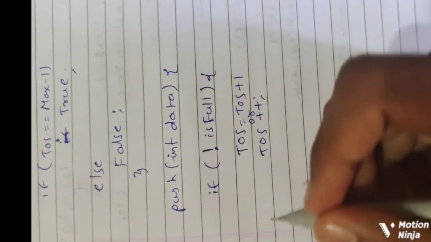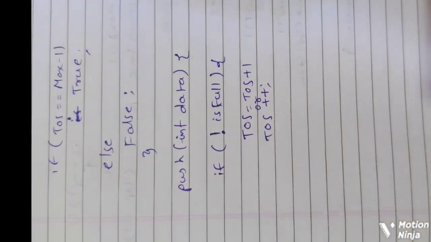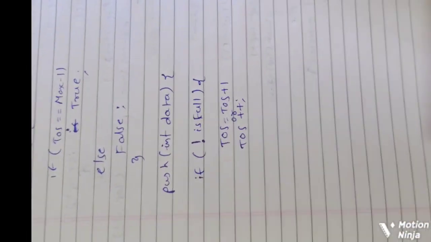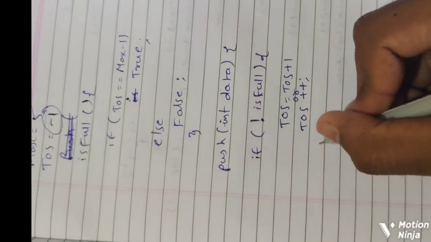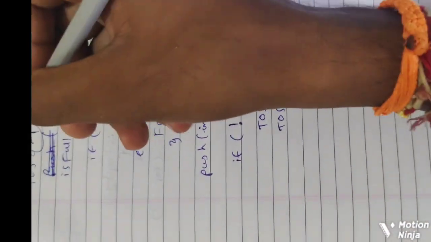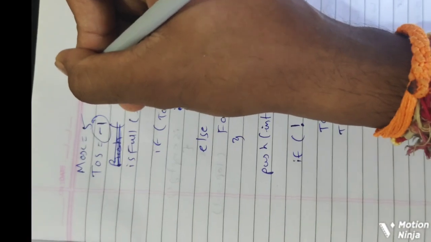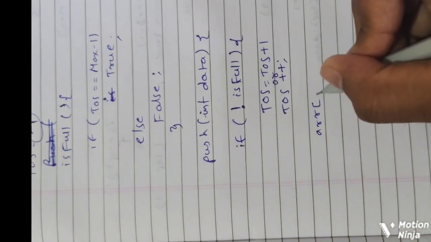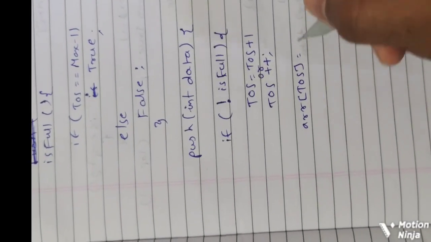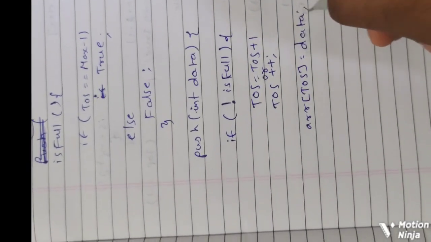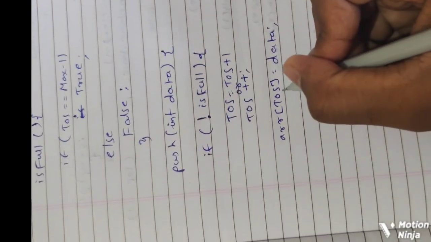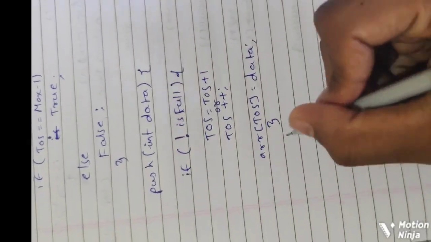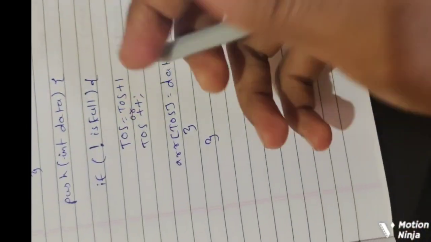First we increment the TOS to its next position, and then we insert the element into the stack. Let us assume the name of the stack is ARR again. So let's insert the element: ARR of TOS equals data. Basically this data will be pushed onto the top of the stack, which was incremented before.